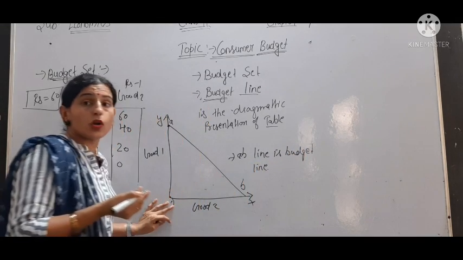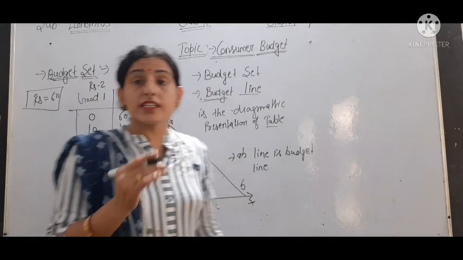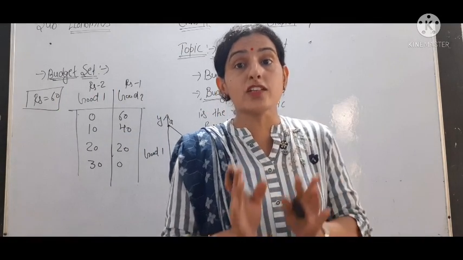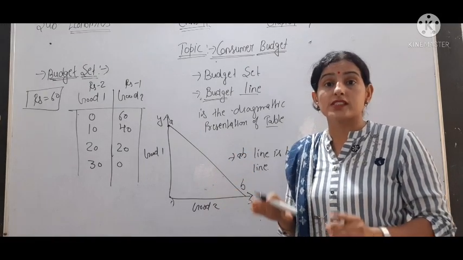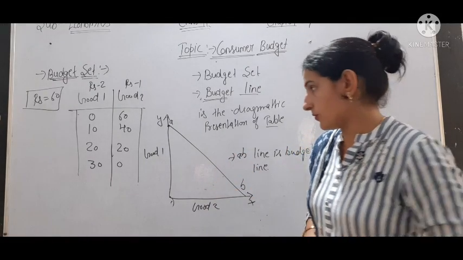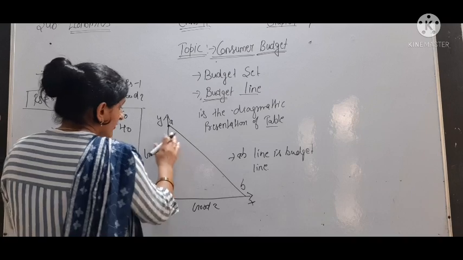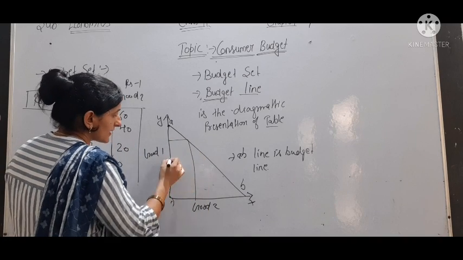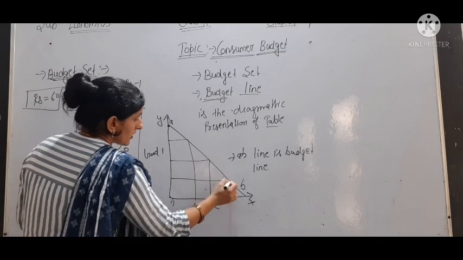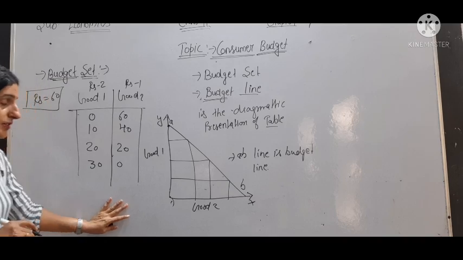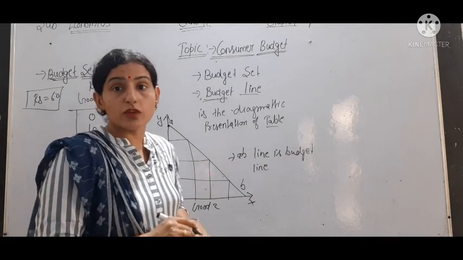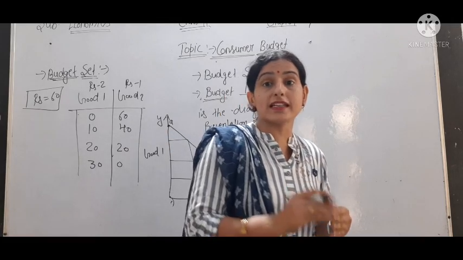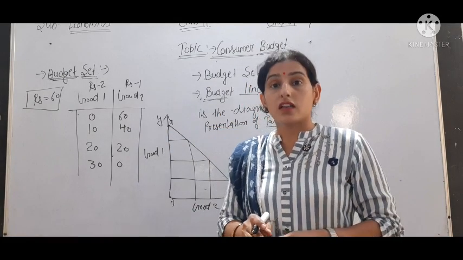Why is it called the budget line? Because it is showing the different combinations of goods and also the price of the goods, given the budget of the consumer. So it shows the price of the goods and also the quantities of the goods which the consumer can attain, given the income of the consumer.